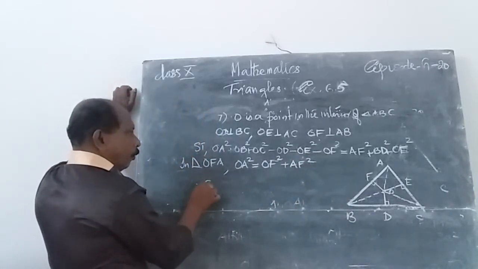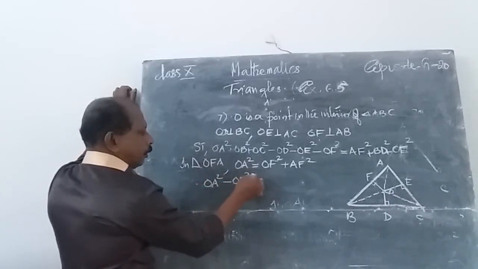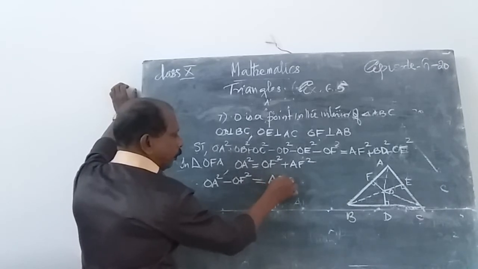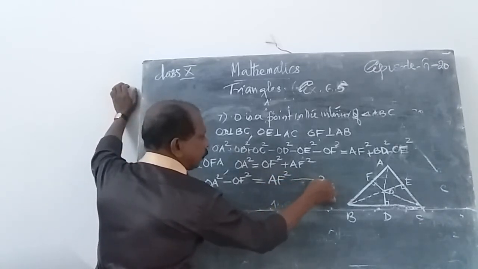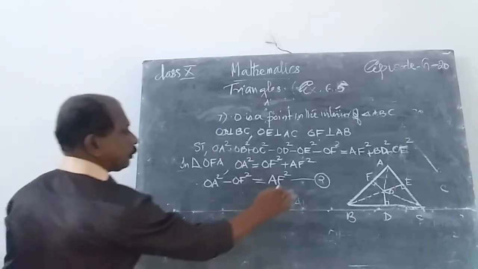Therefore, OA square minus OF square is equal to AF square. That is the Pythagoras relation. That is equation number 1.